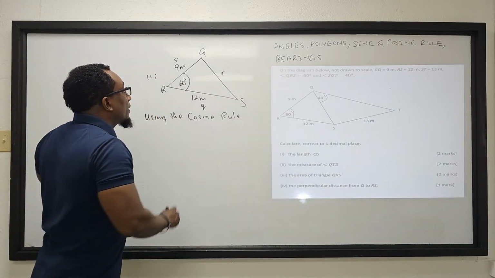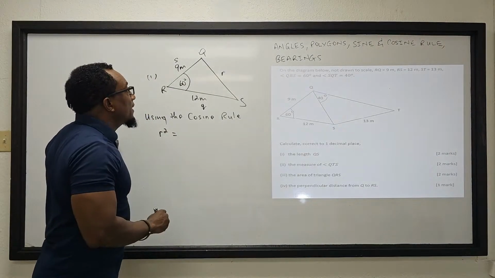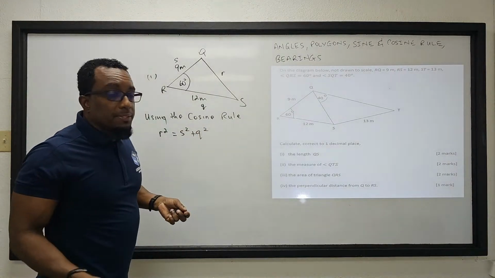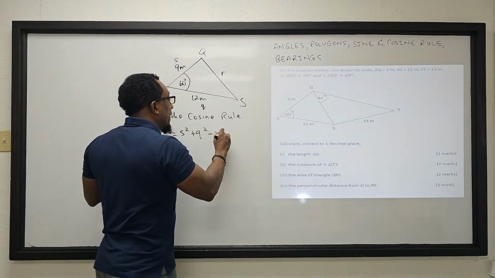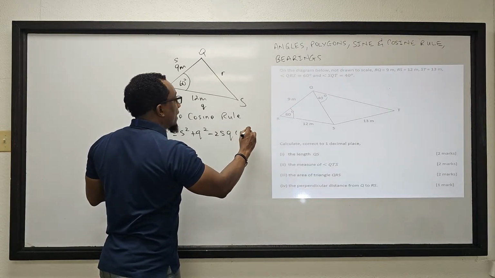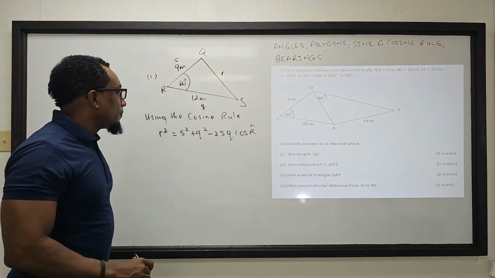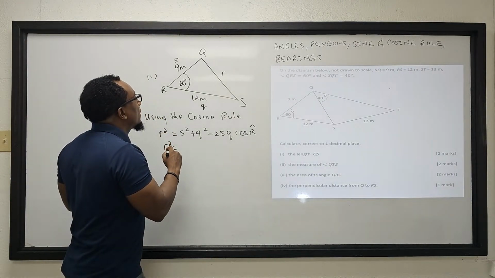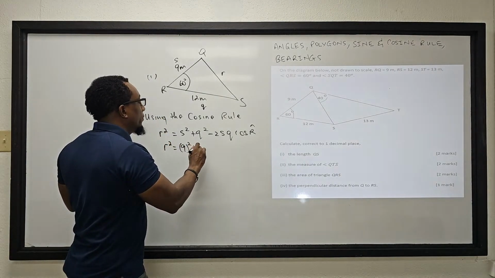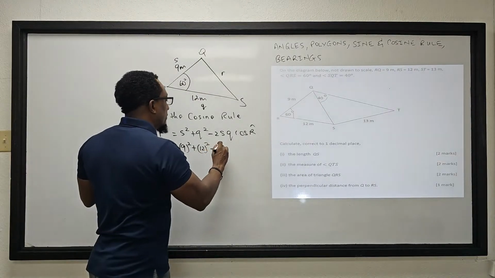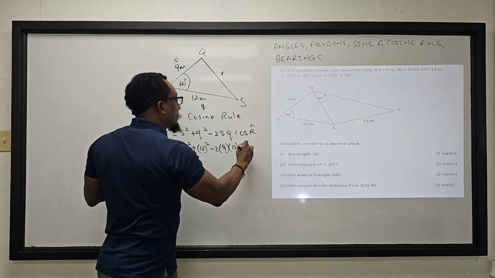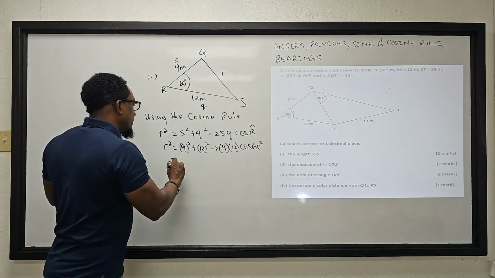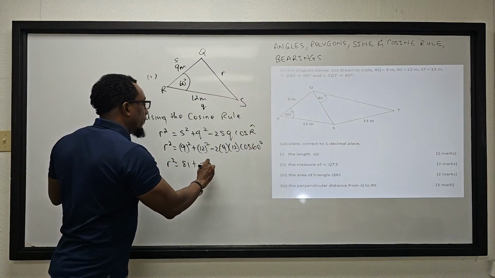So r squared, the unknown side squared, is equal to s squared plus q squared, the order doesn't matter, minus 2sq cos of the angle at R. This will be r squared equal to 9 squared plus 12 squared minus 2 by 9 by 12 cos 60.